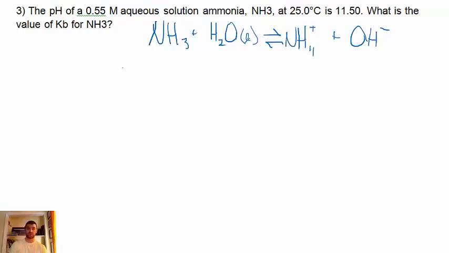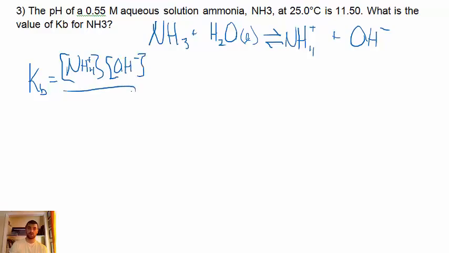The Kb expression is the NH4 plus concentration times the OH minus concentration, all over the NH3 concentration.